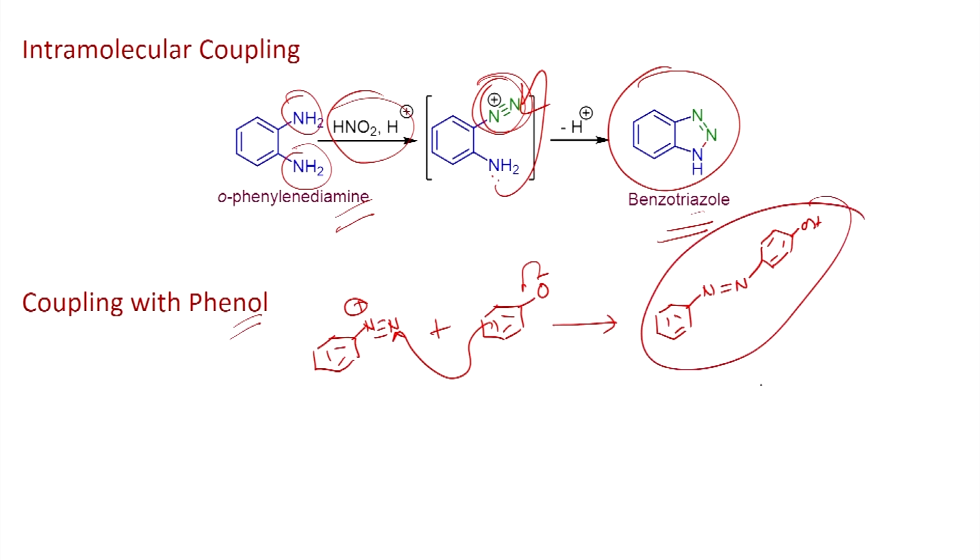On the other hand, if you have the substituted phenol, for example, para-substituted phenol, this also can undergo reaction. For example, if you have the diazonium salt, as we have seen, it can undergo reaction at the ortho position. Under basic conditions, it will be deprotonated.